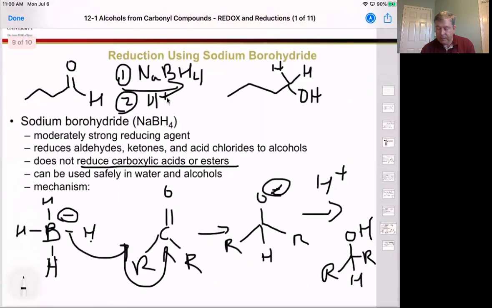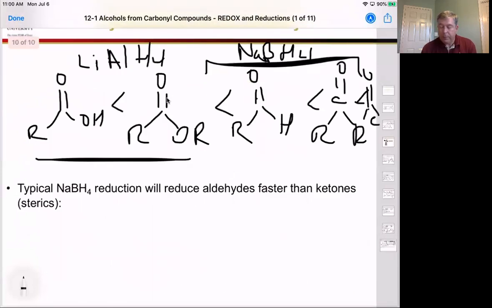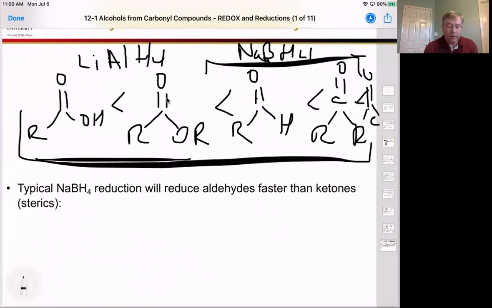Oops, ran out of room. Okay, so we can use sodium borohydride to do these, but we can use lithium aluminum hydride to do all of the above right here. Okay, so what this gives us is an opportunity to be very selective about which groups we reduce down.